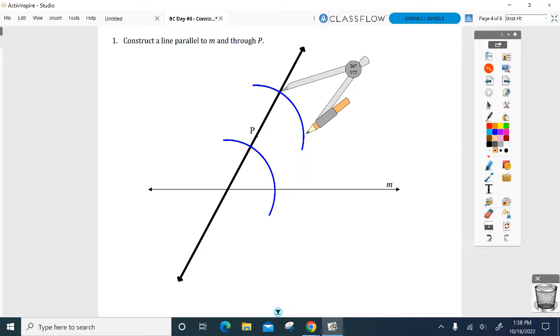Make sure this point of intersection is on the same side of the transversal as the angle you're copying. There we go. So again, I measured the opening between the two, went up here, and drew that arc so the two intersect each other.